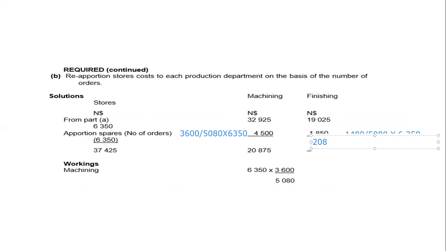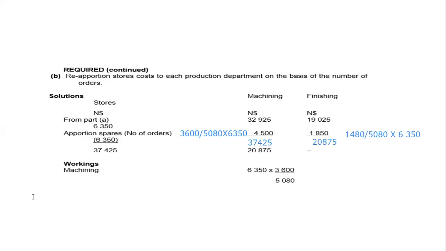That is this amount. And on this side, we must have 32,925 plus 4,500, which is 37,425. Okay, just like that. Then you are done.